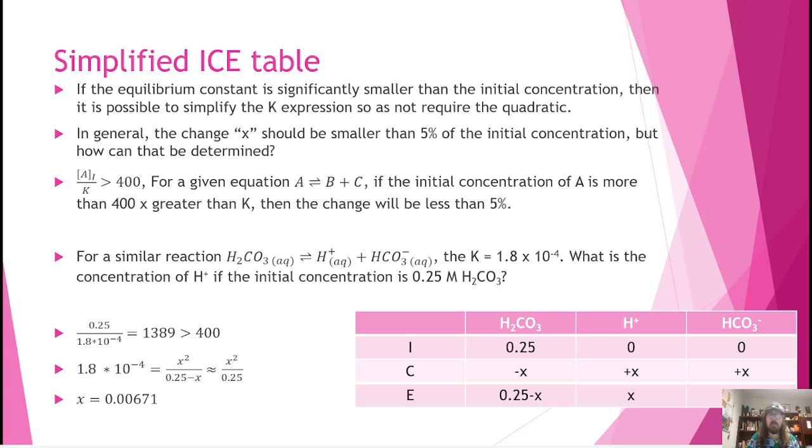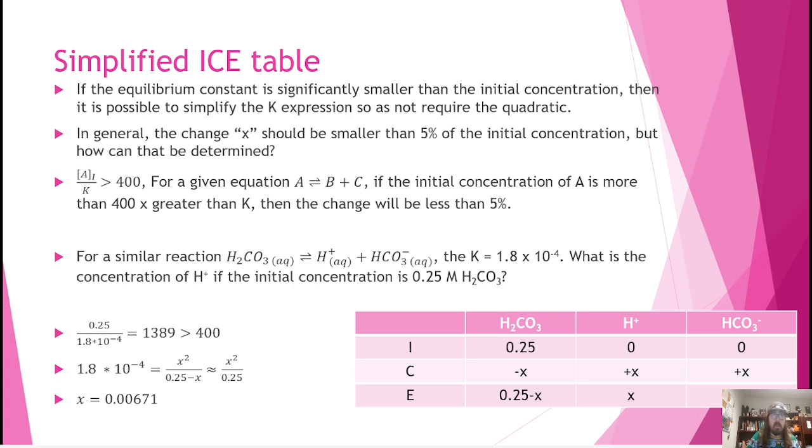In order to simplify this, we're going to make an assumption that most times x is small. X is going to be a small fraction of the initial concentration. And in that case, the error you're going to get with this assumption is very low.